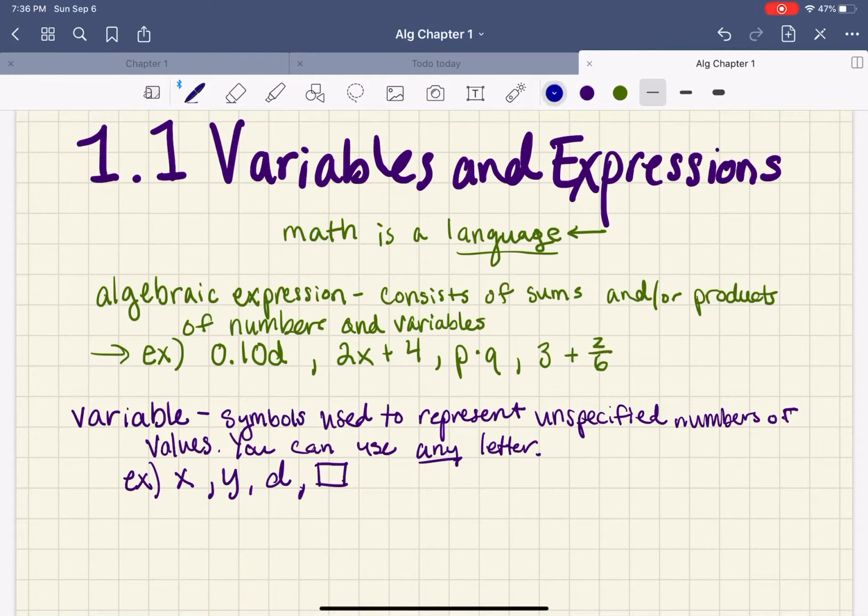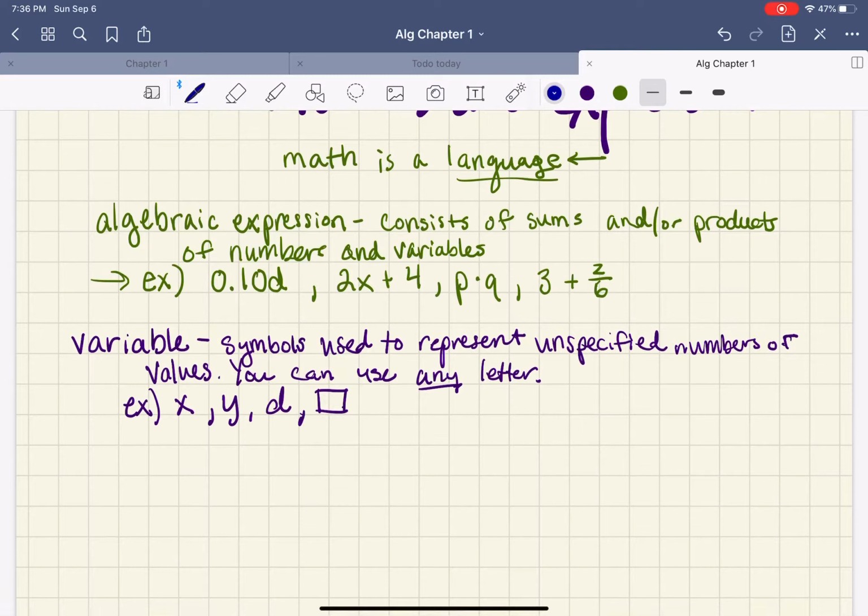Next one we're going to talk about is called a term. So we're kind of looking at the building blocks of these algebraic expressions and learning how we can refer to each of these pieces, okay?